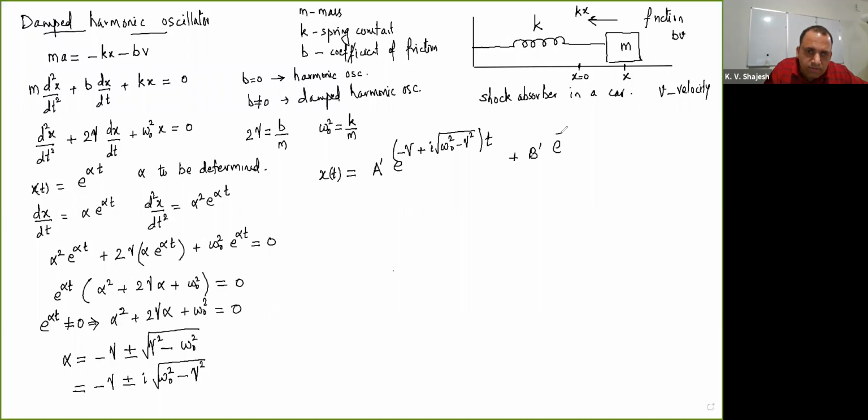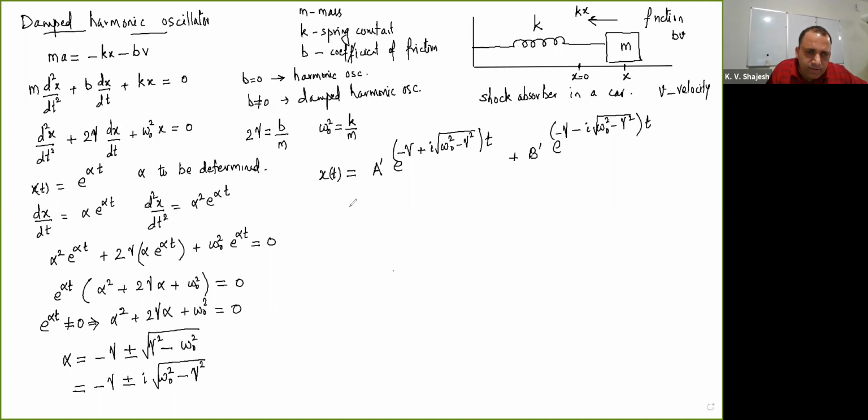So it's minus gamma minus i square root of omega naught square minus gamma square t. That's clearly your solution. And in fact, like earlier, we can write it as exponentials, or we could also write it in terms of cosines and sines, right?